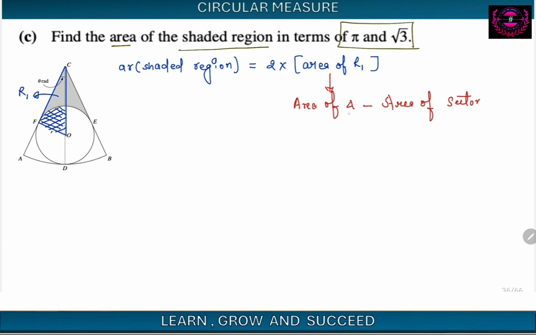For triangle you can write OCF, and for sector you can write OF, and let's say this point is M, so OFM.